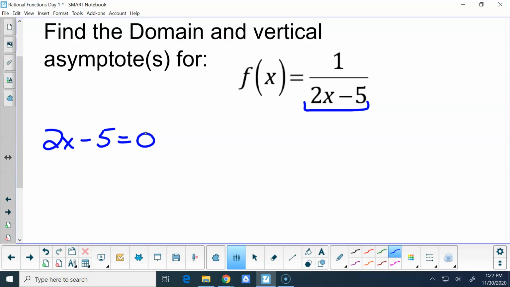First off, I would add 5. That would give me 2x equals 5. Then I would divide both sides by 2, and I'd get x equals 5 halves.